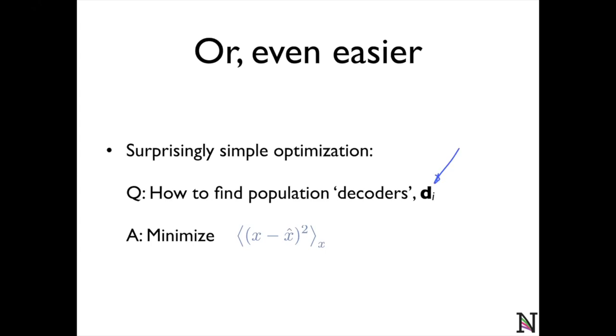And as you mentioned, it's solving an optimization problem. Just to be a little more explicit, it's actually a fairly straightforward optimization problem. All you're doing is saying, I want to make my x be exactly the same as my x hat, where x hat is my estimate. You'll remember that x hat was equal to the sum over all the neurons of the activity of the neurons times these decoders.